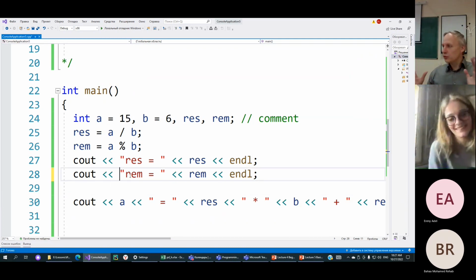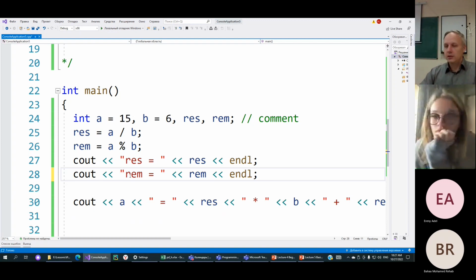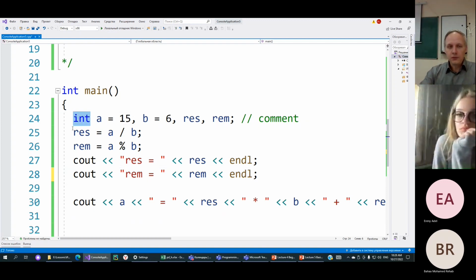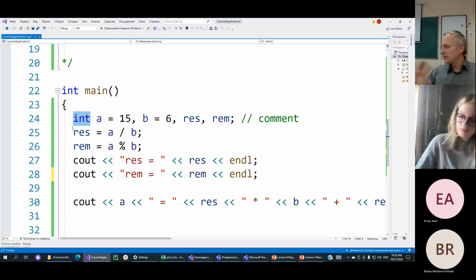Okay. What you should remember from these lessons, from this example, is that int has a range, approximately plus or minus 2 billion.